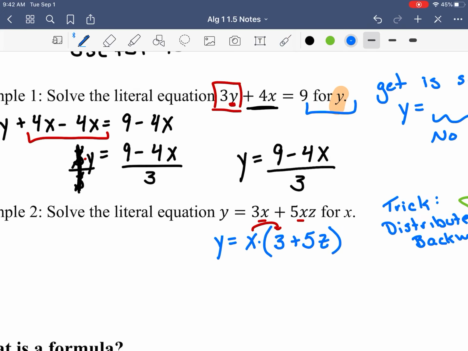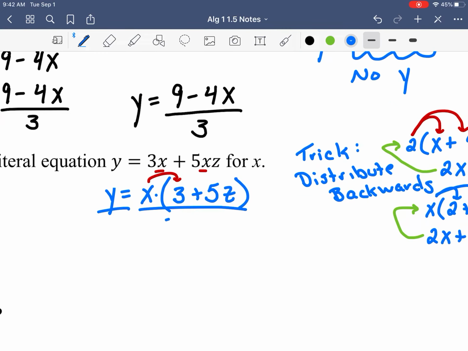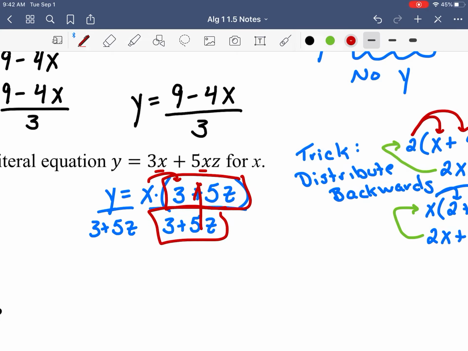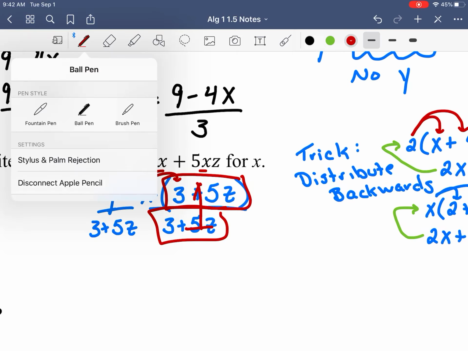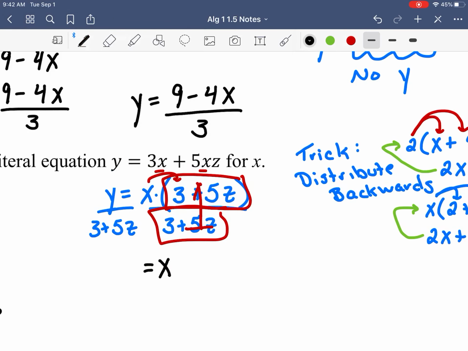So we're going to divide both sides by that thing multiplied by the x, which is the 3 plus 5z. Now when I take this whole thing and divide it by this whole thing, that'll give me 1. So on that side, I'm just left with an x, and over here, a y divided by 3 plus 5z.